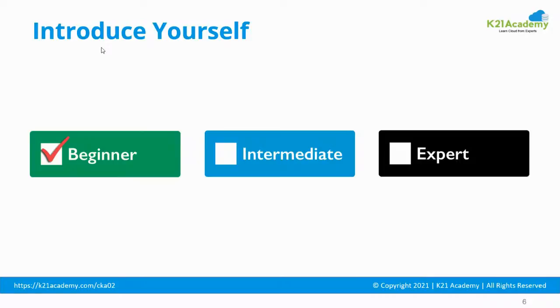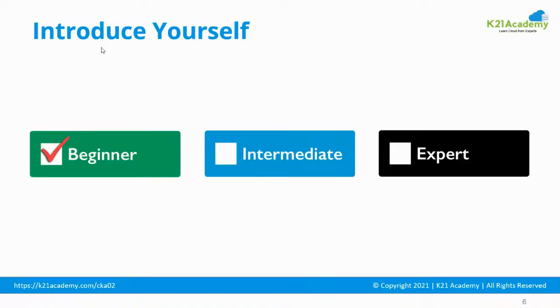Now, before I proceed further, I want you to tell me a little bit with your experience on Kubernetes. Are you new to Kubernetes? Then type B for beginner. If you are already working on the Kubernetes but not certified, then type I, intermediate.